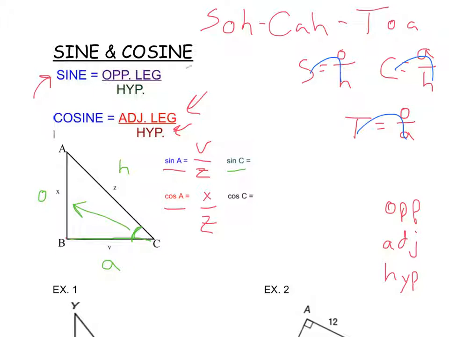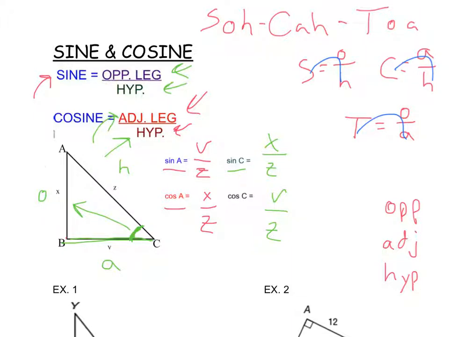Again, the sine is opposite over hypotenuse, so the opposite side was X, the hypotenuse is Z. Now the cosine ratio for the same angle is adjacent over hypotenuse. The adjacent side is V over hypotenuse, which is still Z. Okay, so that's how we come up with the ratios for the different angles.